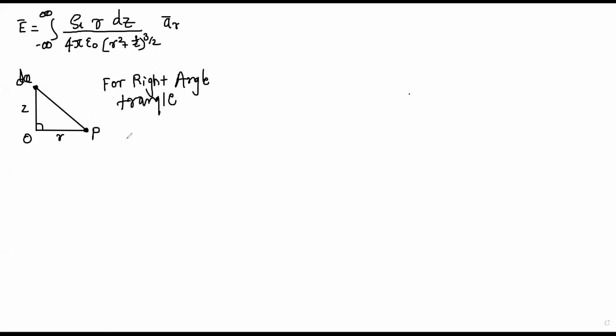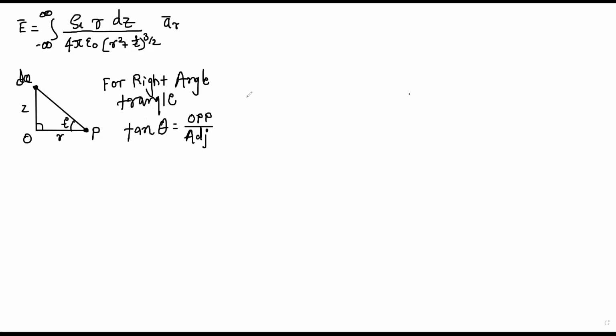Let us say this is angle T. Now, in case of any right angle triangle, we know that tan theta is equal to opposite side upon adjacent side.